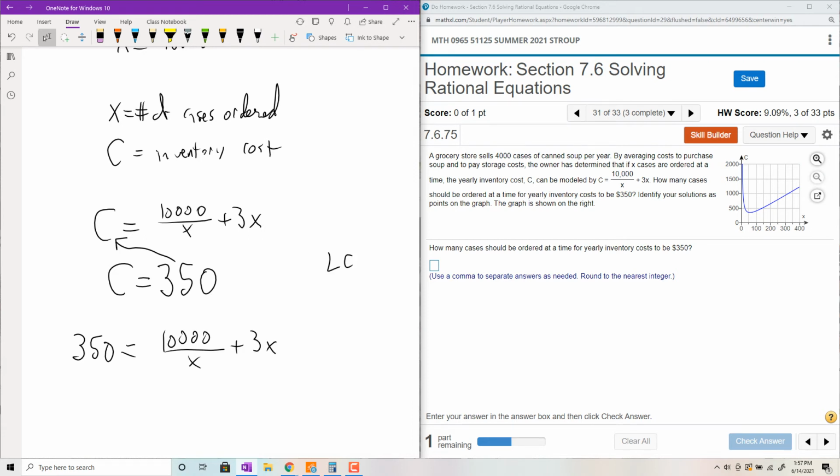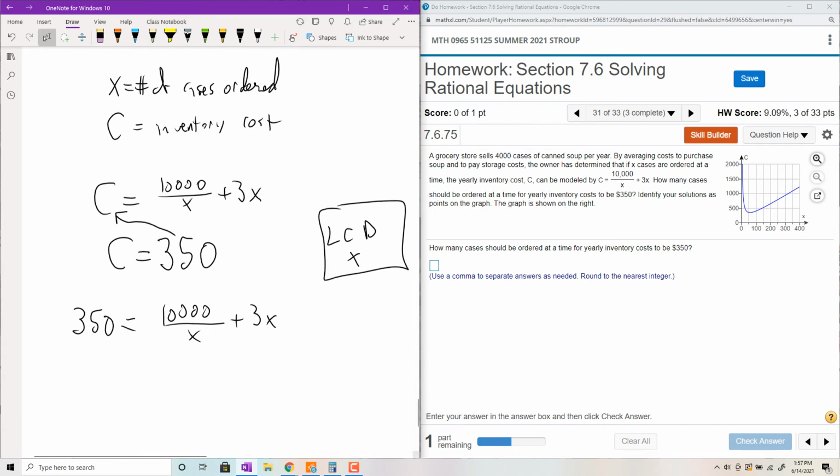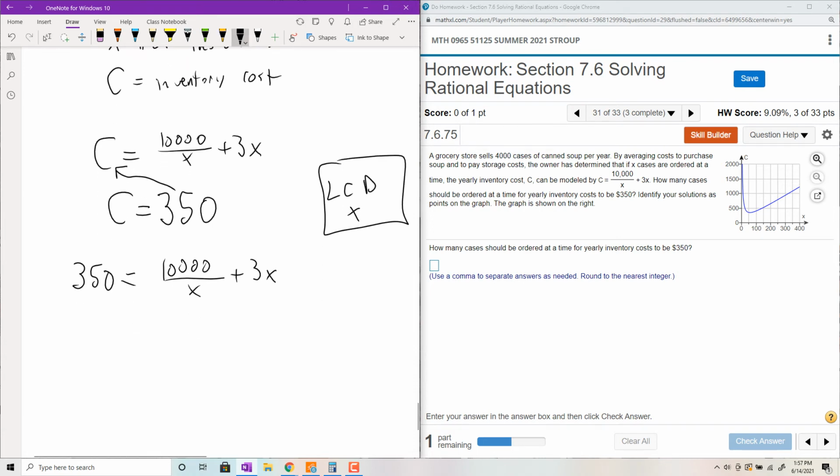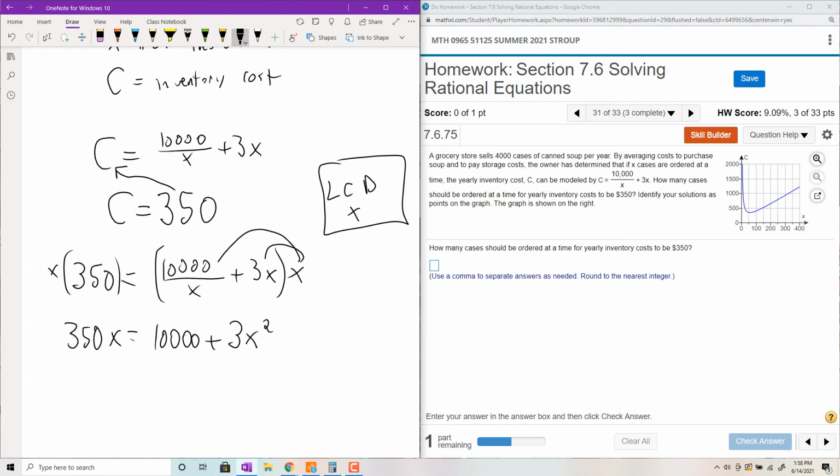Here the LCD is just X. We don't really have to worry about the restriction too much. Let's just multiply both sides by X. The restriction is 0, if you really need to know. But anyways, I'll have 350x. Here when you distribute the x's in the first distribution, the x's will cancel. You'll just be left with 10,000. And the second distribution, x times 3x is 3x squared.